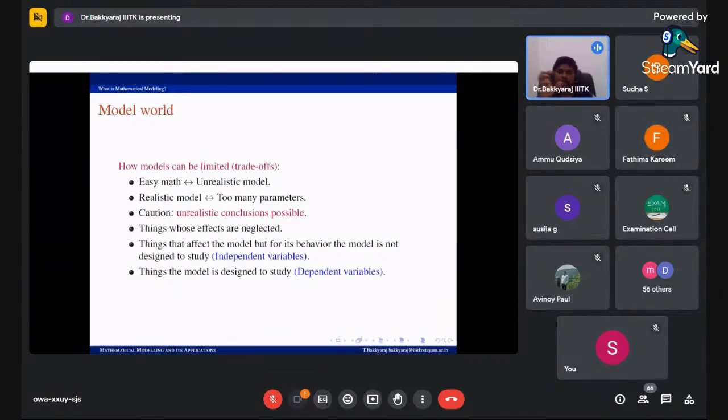we have trade-offs, right? If you use very simple mathematics, like a linear differential equation or linear models, then you may end up with an unrealistic situation. But if you go closer to the realistic situation, then too many parameters will appear in your model.